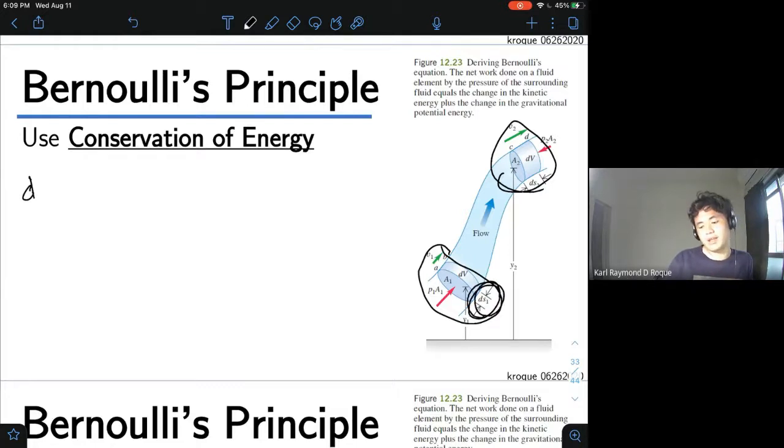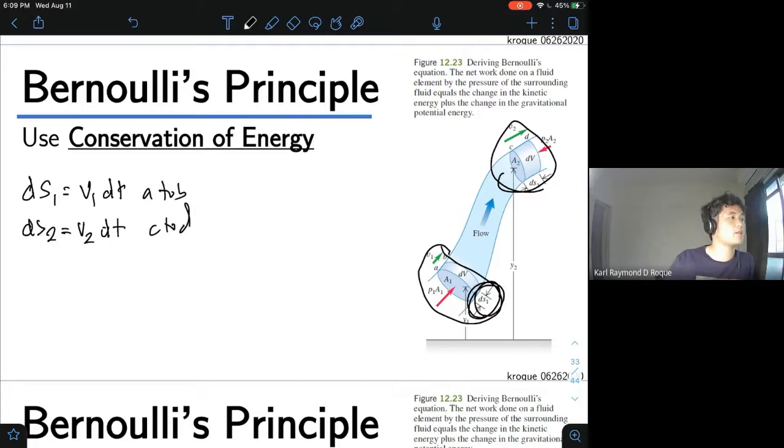Actually, we just named it differently. Now, the other one. Next, from A to B, C to D. Again, the volume is equal to A1 ds1, A2 ds2. What's next? Let's compute the work done on the fluid.